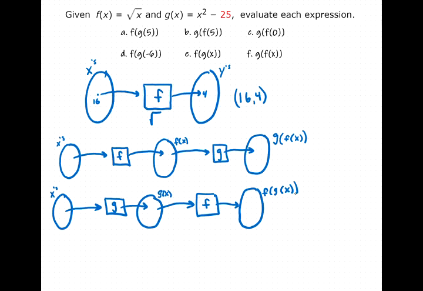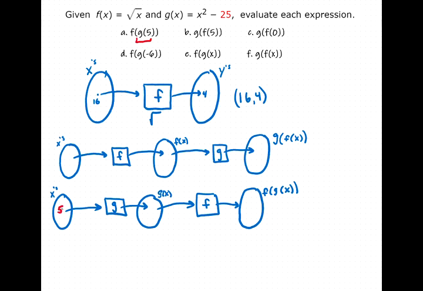All right, so let's look at number 1, for example. F of g of 5. Now you always want to work inside out. So first, the g function is applied to the number 5. So the number 5 goes in.